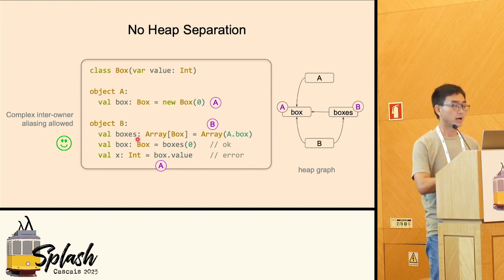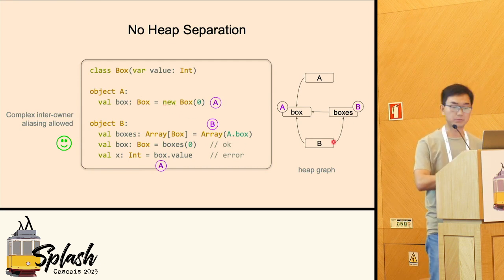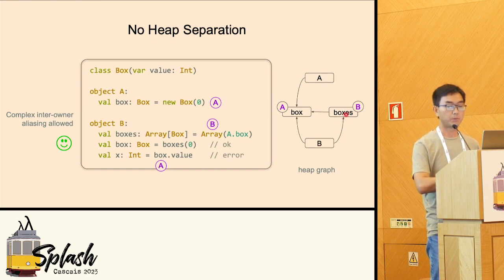So we can put the alias of box in this mutable array. As you can see from this heap graph, the boxes array is owned by the object B, and the box is owned by object A, and then we have a pointer from boxes to box.